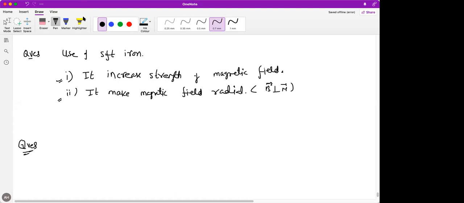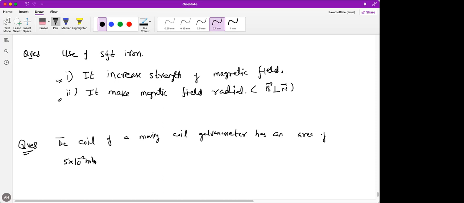Like one question is, the coil of a moving coil galvanometer has an area of 5 into 10 raised to the power minus 2 meters square. So this is the area of the coil.